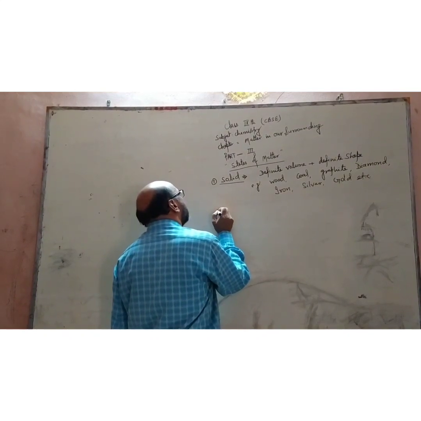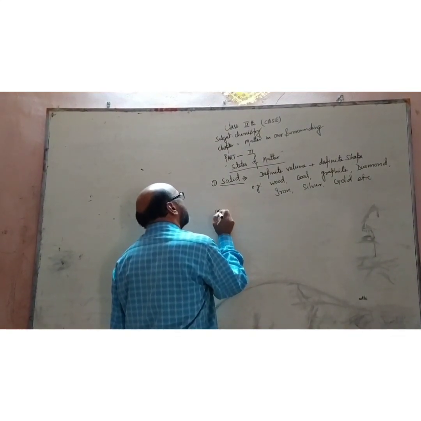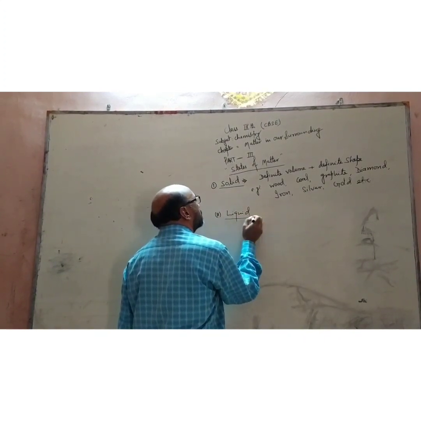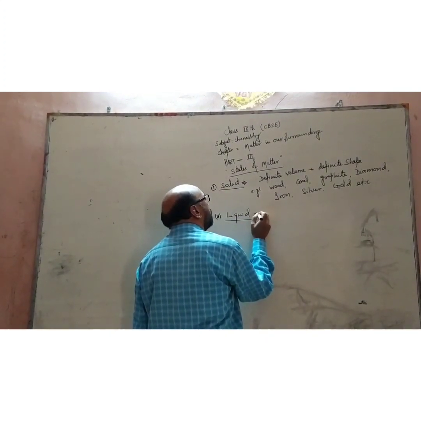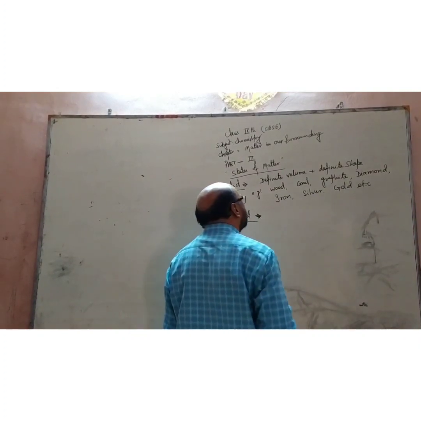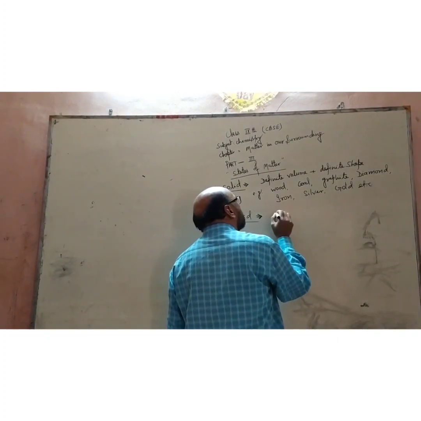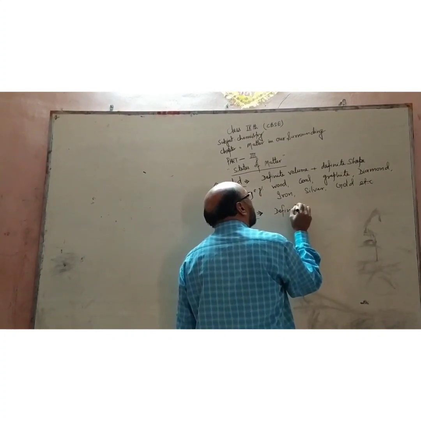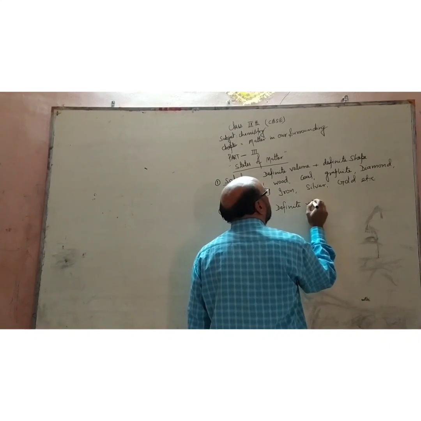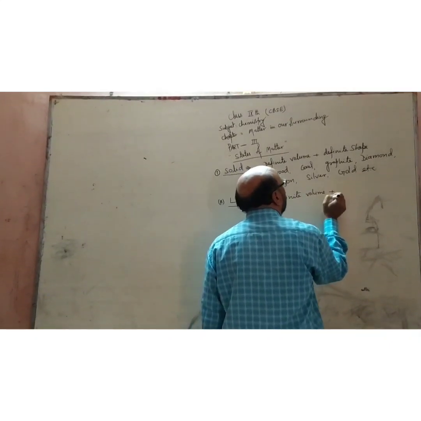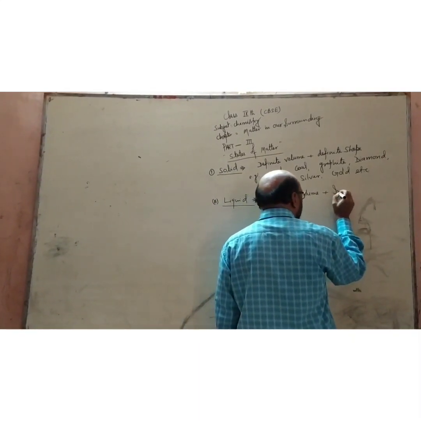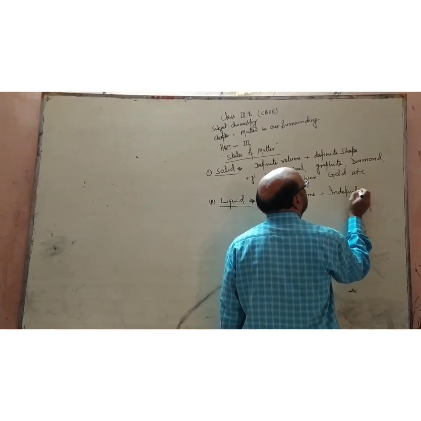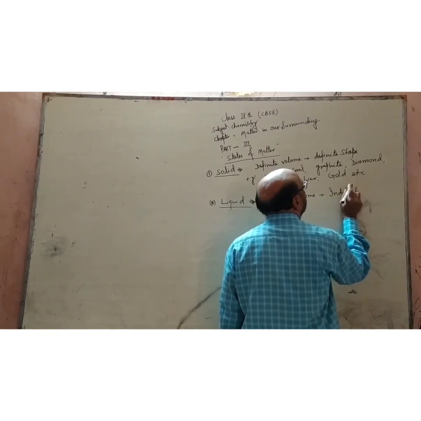The second state of matter is liquid state of matter. In the liquid state of matter, the volume is definite, but the shape of the liquid is not definite, indefinite shape.